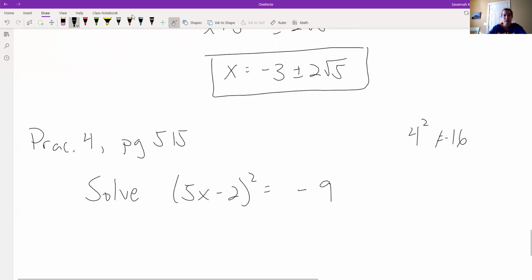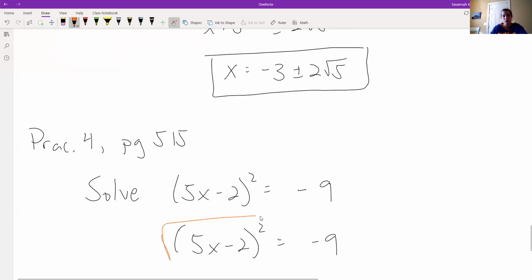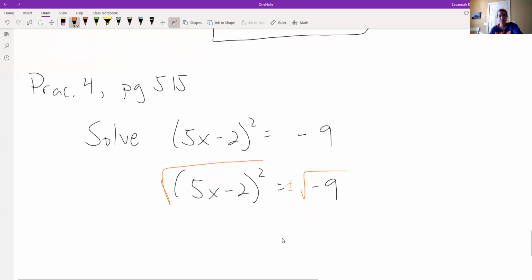That wouldn't even make sense in the world of real numbers, the world we're used to living in. But it's a whole new world now. So we are going to very carefully apply the square root property, remembering what we did at the end of chapter 8.